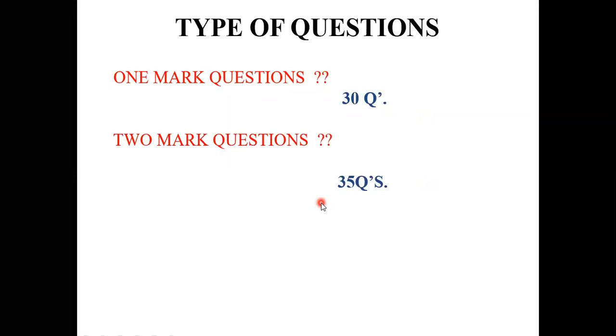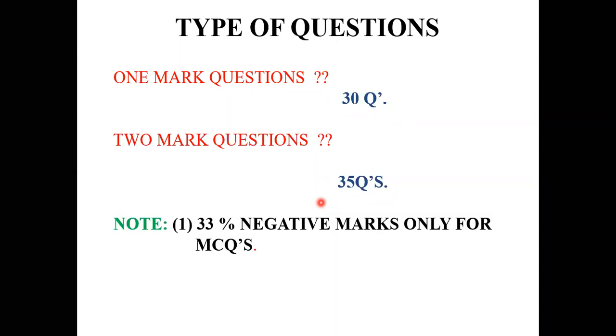One more important point is negative marking. When you write any statewide examination, whether it is AP Genco, AP Transco, AP Discoms or MSET, till now we don't have any negative mark. But coming to the GATE examination, yes, we have negative marks. That is 33%, which means 1/3.